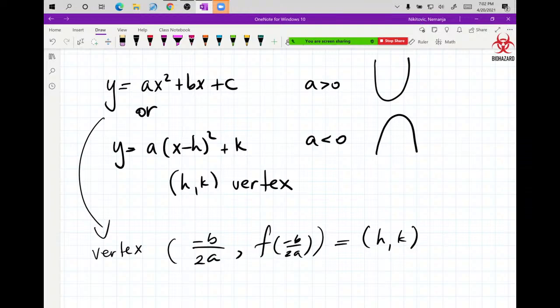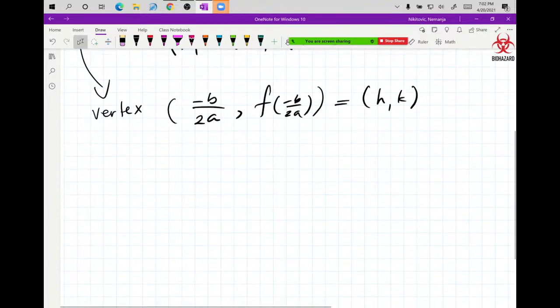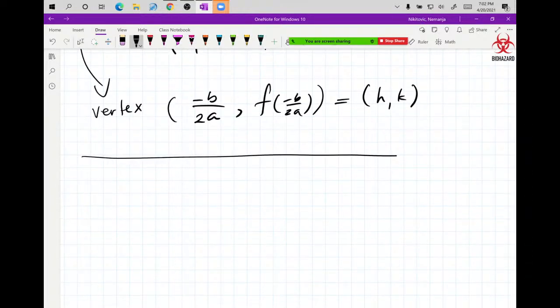So now we want to cover a little bit more about this parabola, and for these sideways equations there are different formulas that you can consider.